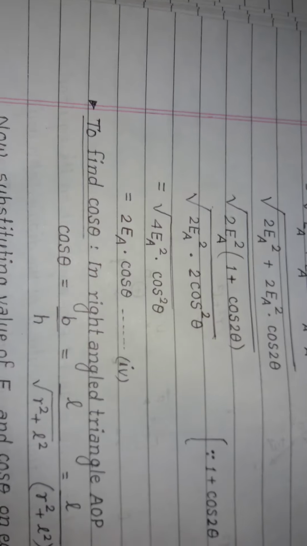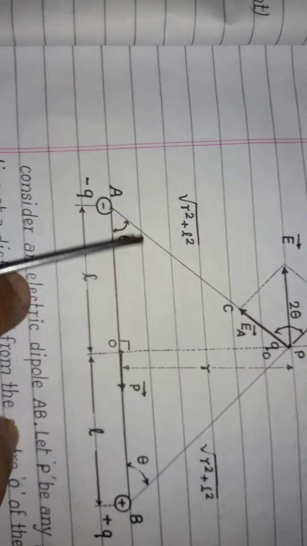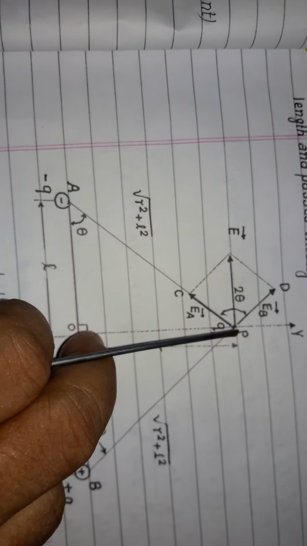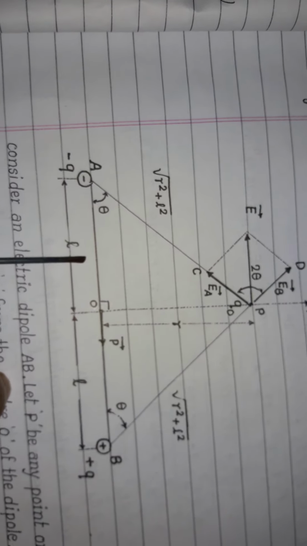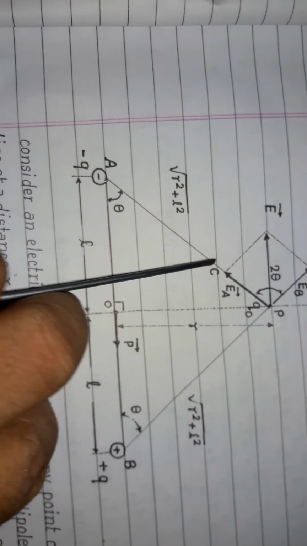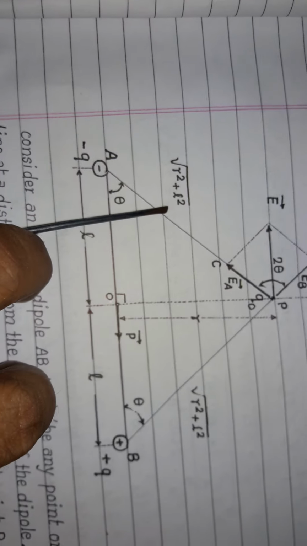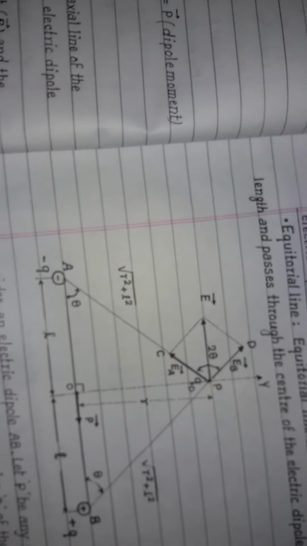Now how to find cos theta? In right angle triangle AOP, any triangle you can take, here we are taking AOP. In this triangle, this angle is 90, so this is the base. This side AP is in front of 90 degrees, so it is the hypotenuse, and this is the perpendicular.